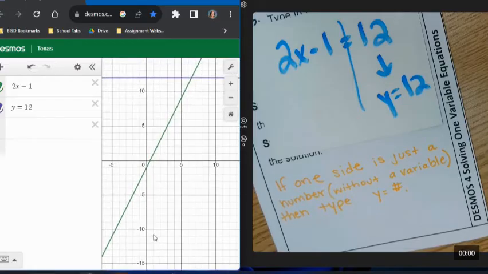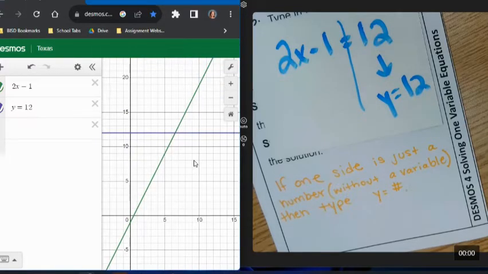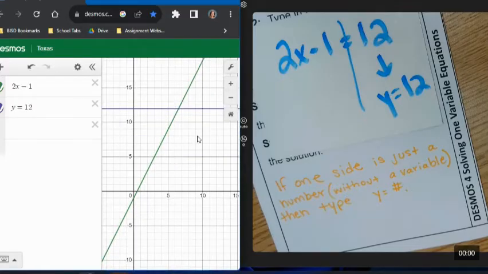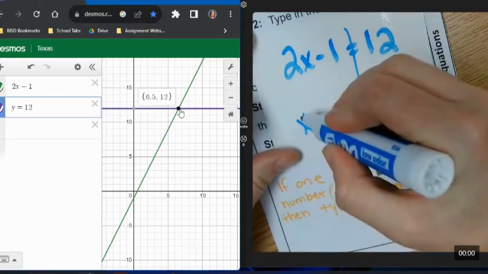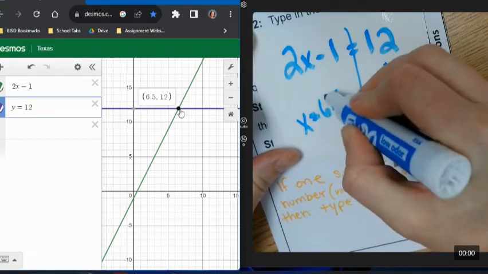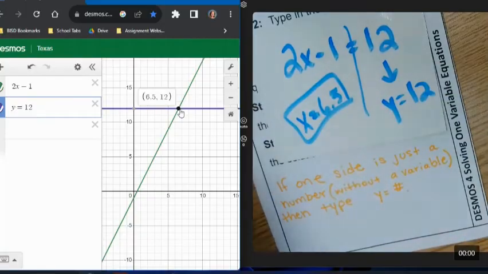Oh, there's one. Oh, there's the other. So sometimes you might have to drag it, zoom in, zoom out, and then click. So on that one, the answer here would be x equals 6.5 because that is the x value of its intersection.